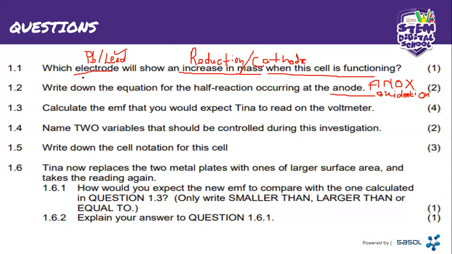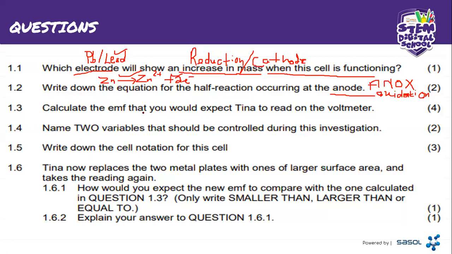I'm going to say, okay, zinc, single arrow, forms Zn2+ ions plus 2 electrons. So I started with what is on the right and ended with what is on the left. So I wrote it from right to left, and that is oxidation half reaction for 2 marks.